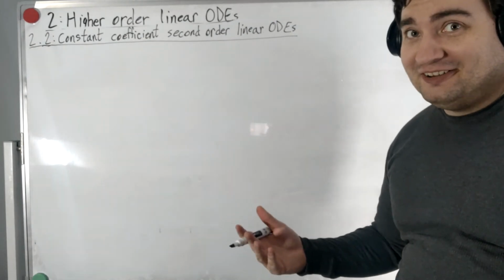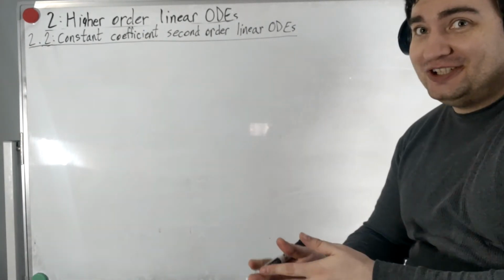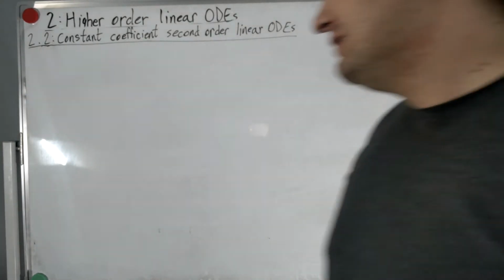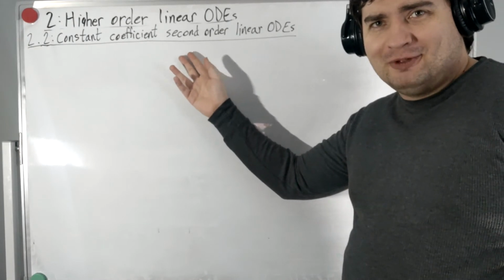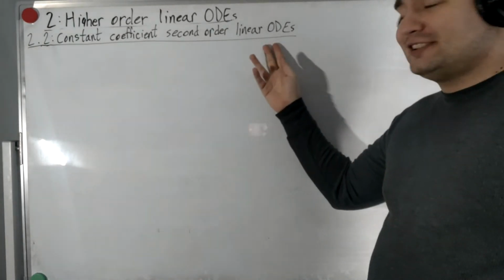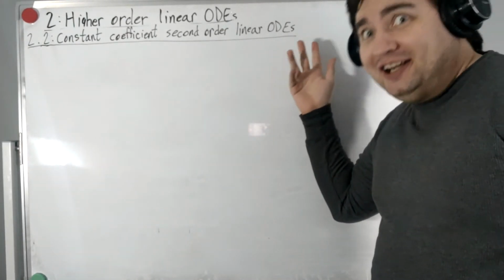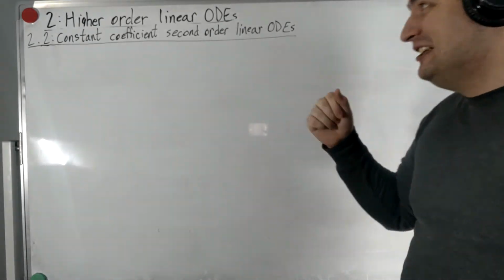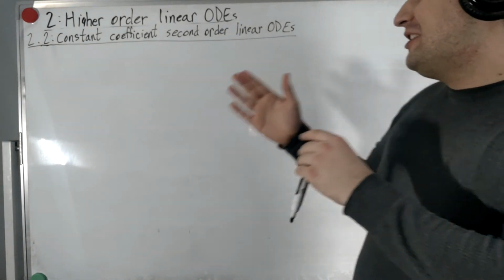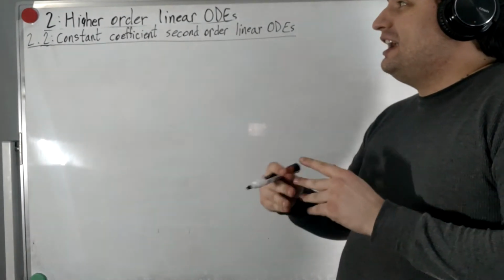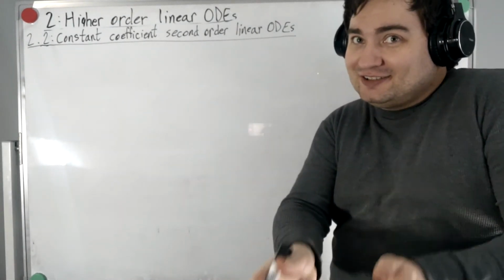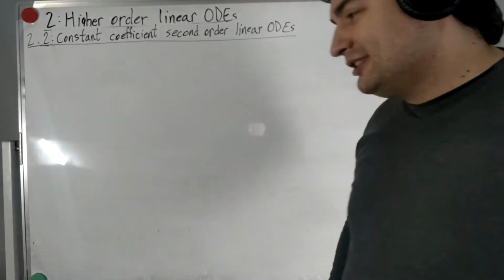So it turns out that second order linear homogeneous ODEs, for some reason the textbook, the name of the subsection is this, but it should really say linear homogeneous ODEs. In any case, second order linear homogeneous ODEs is still too broad, so we have to narrow it down to saying only constant coefficient ones. Okay.